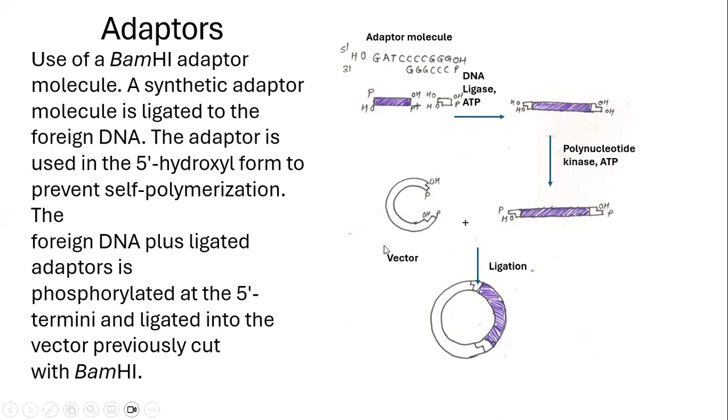Similarly, we need a vector molecule which has the same type of sticky ends as contained in the adapter. Mixing the vector and the insert molecule in the presence of the enzyme DNA ligase and the ligase buffer will allow the ligation reaction.